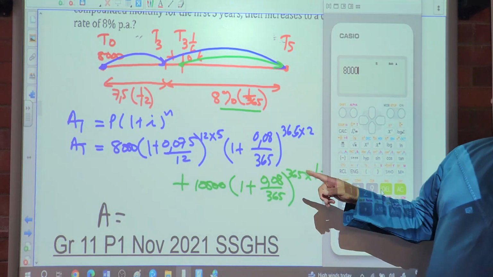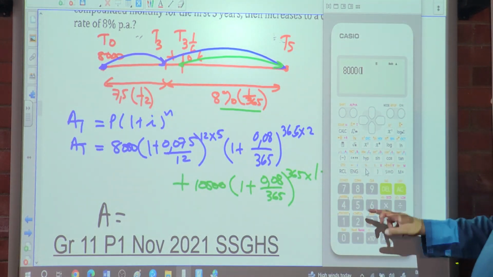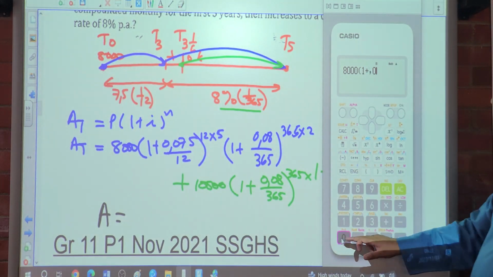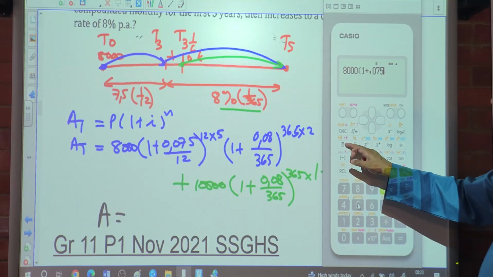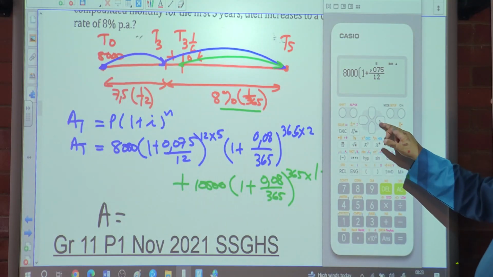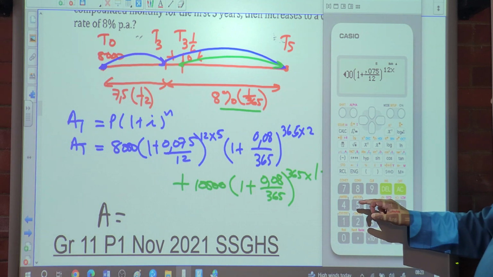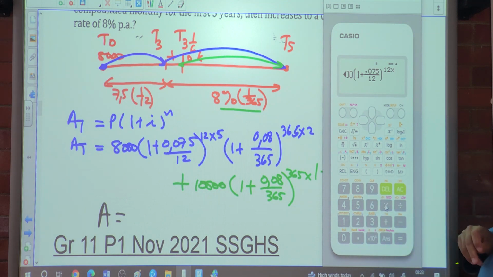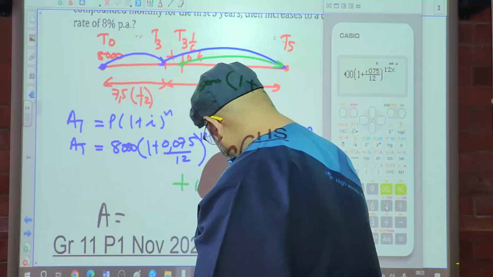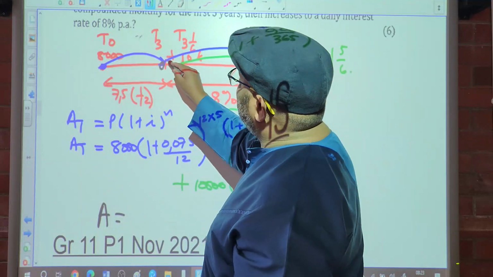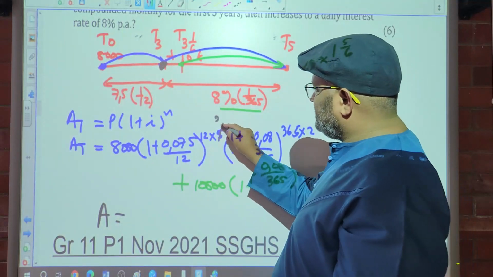So it's going to be 8,000 into 1 plus 0.075 over 12 to the exponent 12 times. You're right, it must be 3, because I grounded it here at 3. Yes, absolutely. Thank you, Michael.